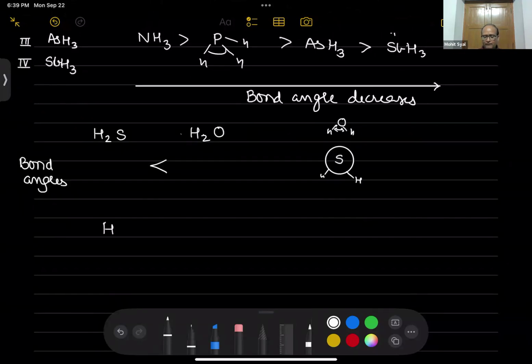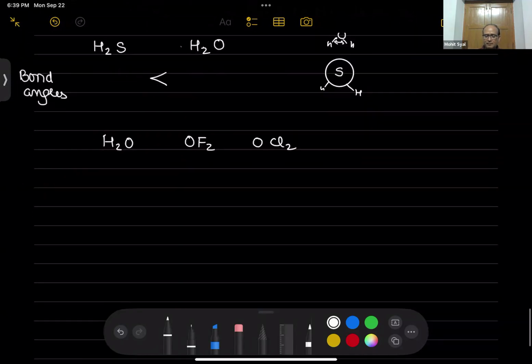Now H2O and OF2. And this is the drawback of VBT. They are the same. This is the structure of H2O. This is the structure of OF2, isostructural.